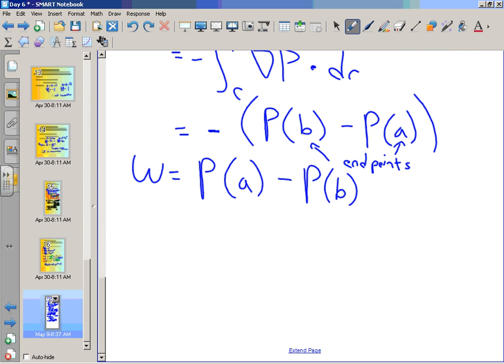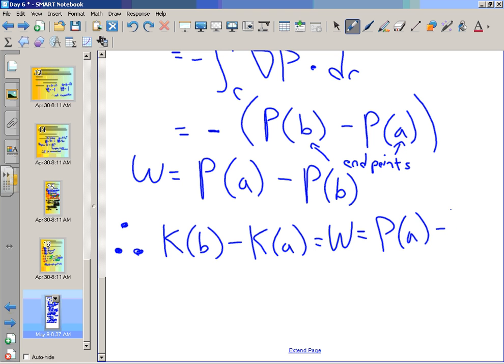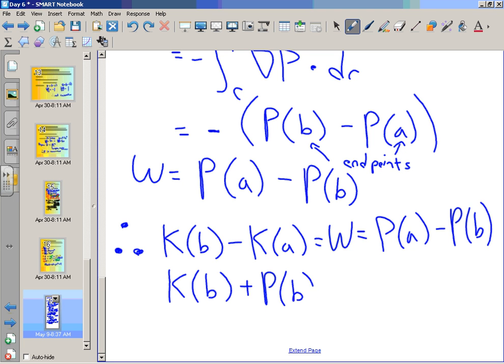Okay? And so the whole big point of this is that if we take the negative ones and add them to the other side, then we're going to have the kinetic energy at the end plus the potential energy at the end is going to be exactly equal to the kinetic energy at the beginning plus the potential energy at the beginning.